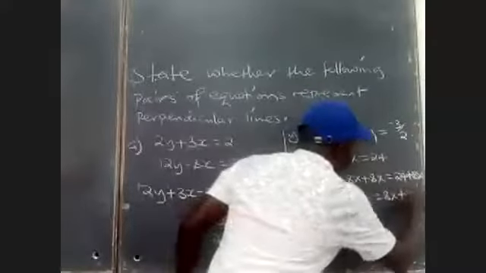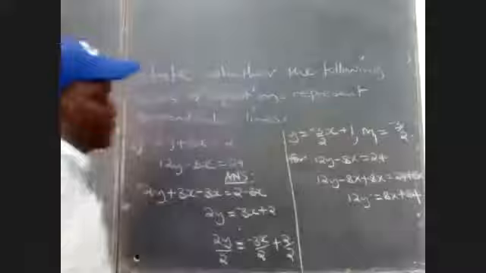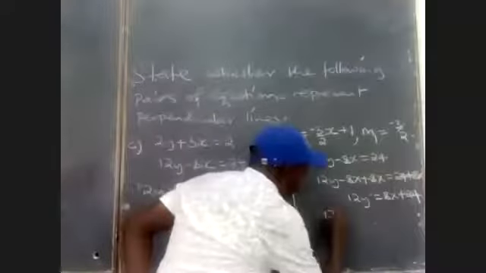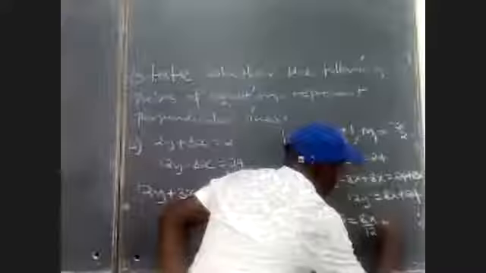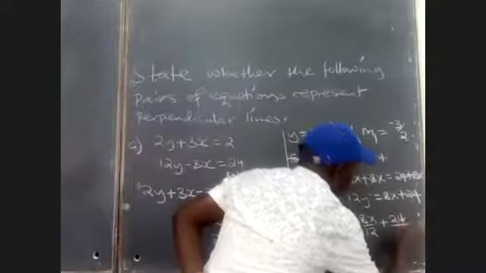Plus 24, very good. We shall divide all the terms by 12. So it will be 12y over 12 is equal to 8x over 12 plus 24 over 12.